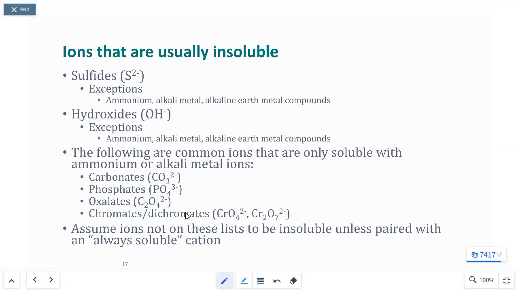Same thing is true for hydroxides. Most of the time, hydroxides are insoluble, which is one of the reasons why it's really hard to make a base out of a transition metal hydroxide. Doesn't dissolve particularly well. When you can get what little that you can dissolve, it acts as a weak base anyway, so it doesn't really move the pH all that much.